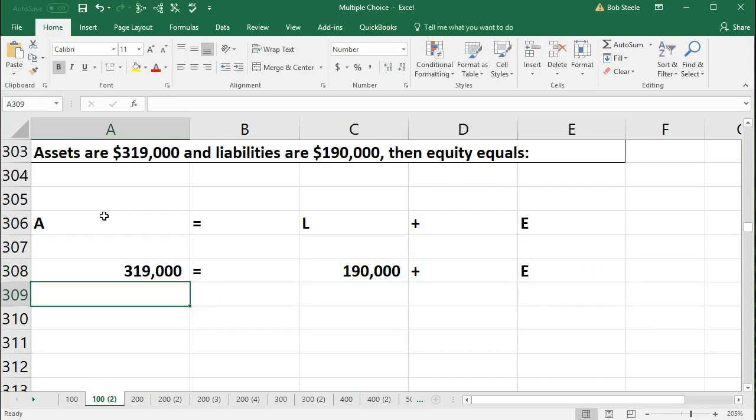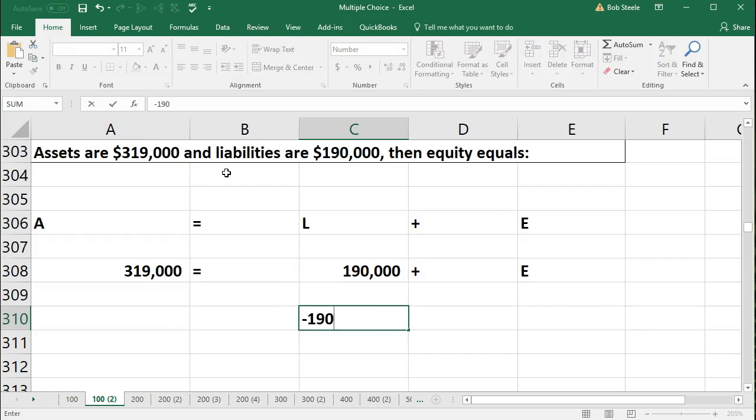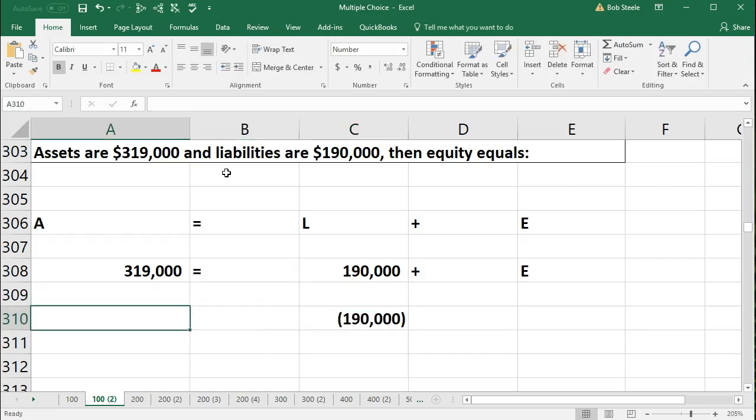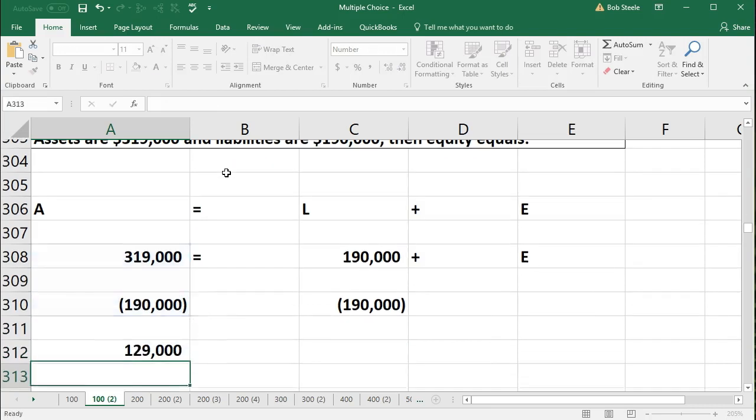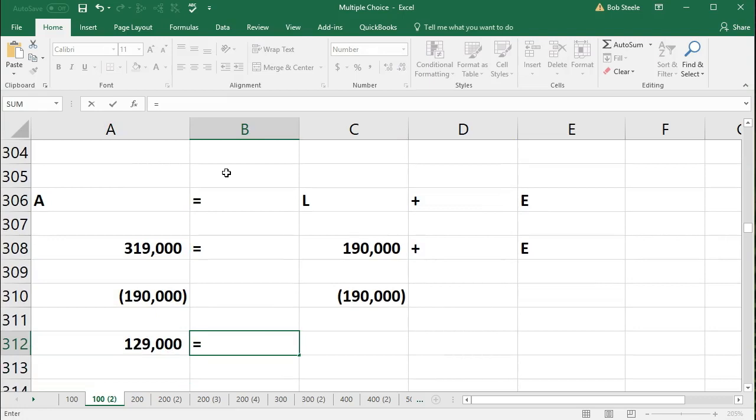And I would just get through the routine of actually writing this down every time. You might just look at this and say I should just do a subtraction or something, but you're more likely to make a mistake, and it's worth the little time it takes to actually write this down. So we're solving for equity, meaning we're going to subtract 190 from each side. We're going to do it this side, subtract 190 from that side, and then perform the calculation. 319 minus 190 is 129.